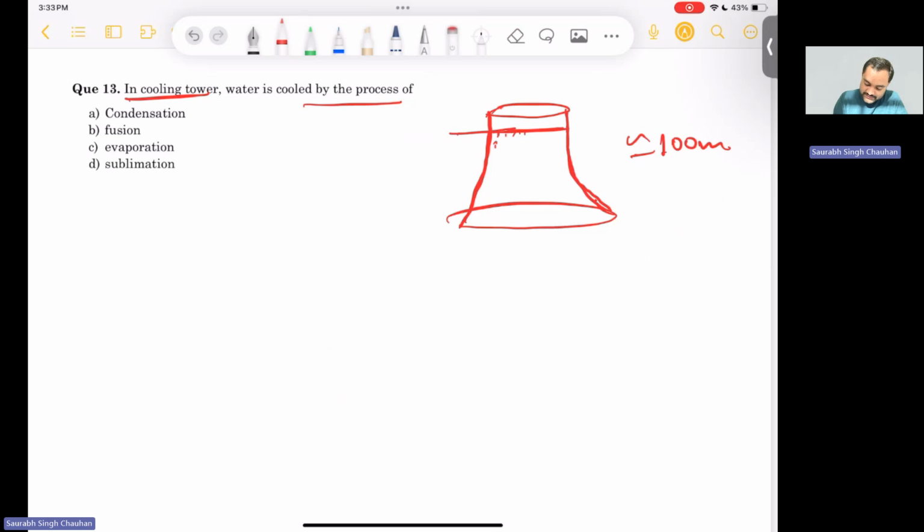The water is sprayed. For evaporation, it takes heat from the moist air as air comes in. So the latent heat for evaporation is taken from the air, so the air becomes cold.